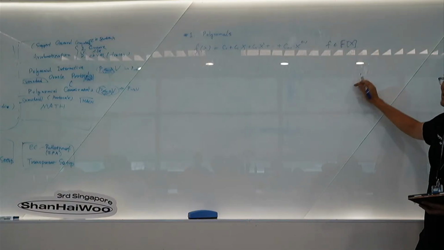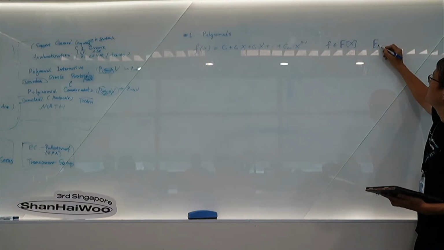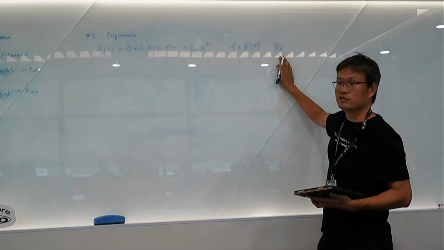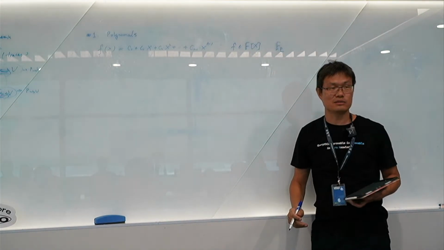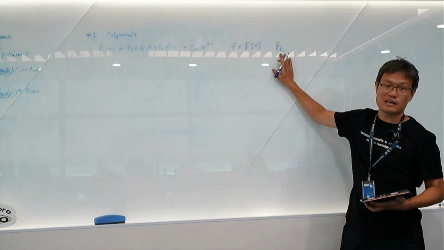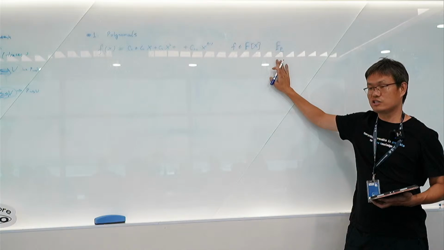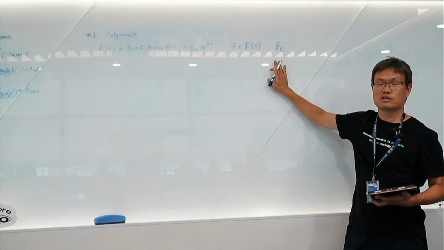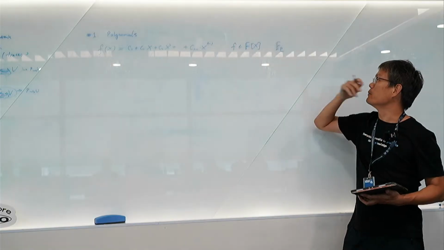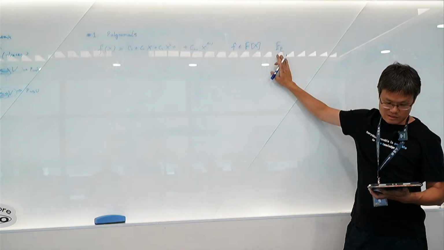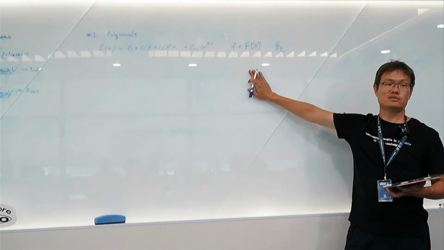For simplicity, we take F to be a prime finite field, so there is a P, which is a prime number. Inside a finite field, addition, multiplication, and division are closed with respect to the set of the finite field. So here are the basic concepts.